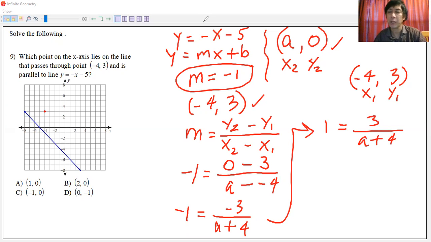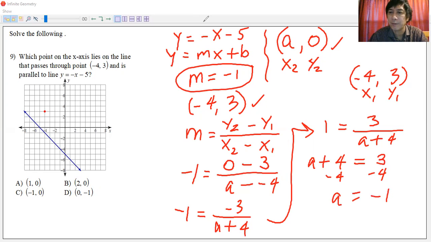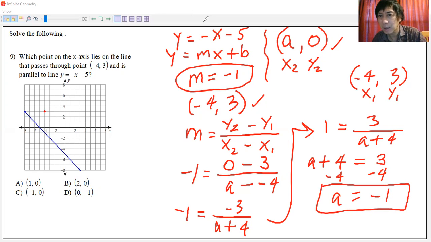Then cross multiplication, this will be 1 times a plus 4, a plus 4 equal to 3. We subtract 4 from both sides, and we have a is equal to negative 1. And so the a in our assumed point is negative 1. So therefore, that A0 is negative 1, 0.